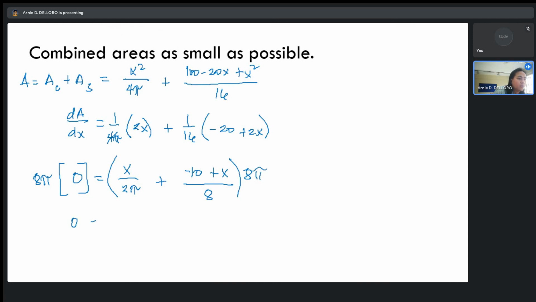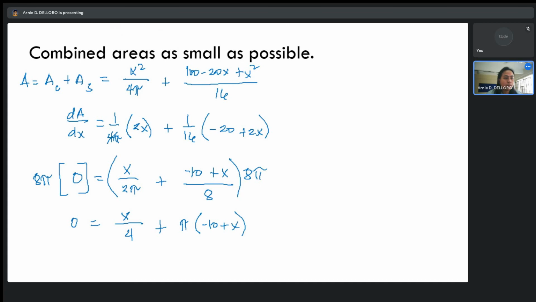So we have 0, 8, x. So this will be x over 4. Tama? Nakakancel yung pi. 8 divided by 2 is 4. Tama. And here, makakancel yung 8. So this will be pi times negative 10 plus x.